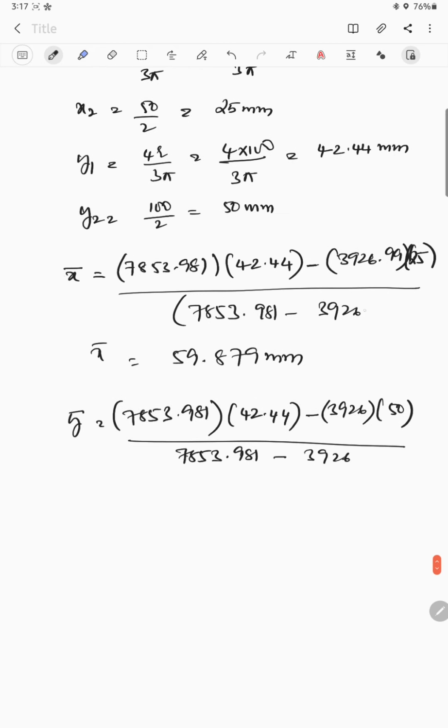Make a correction, 99 here also. Once you solve this, you'll get the value of y bar as 34.88 mm. So these are the values of all the centroids.